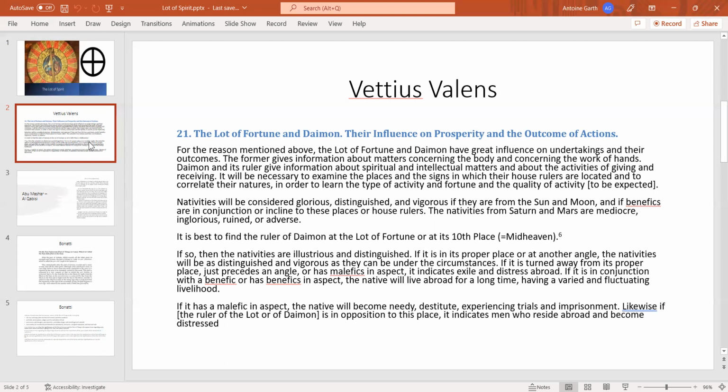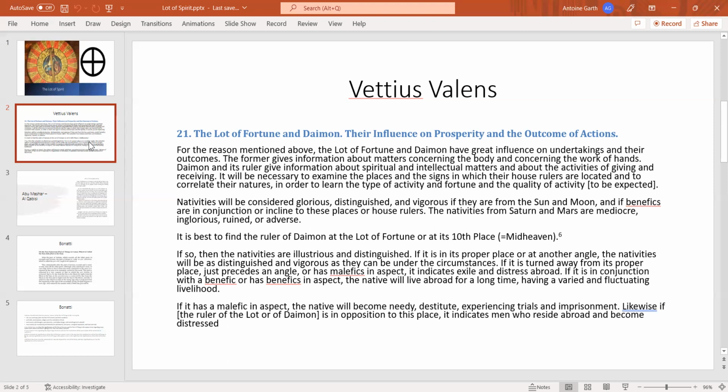So let's just come to one thing, is that we've come to understand that when we're looking at these things called lots, they all have different things that they represent. And the lot of fortune, which I showed on that chart, represents matters concerning the body, but also work, which we just talked about.